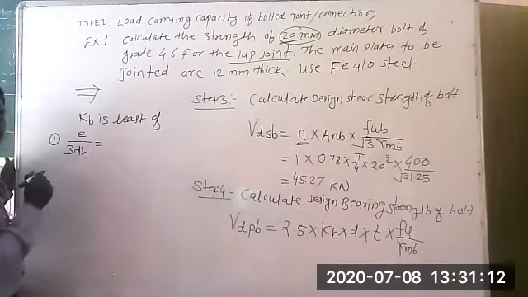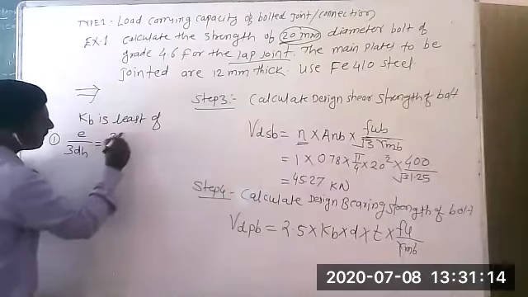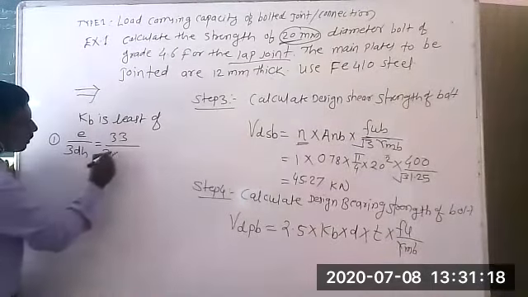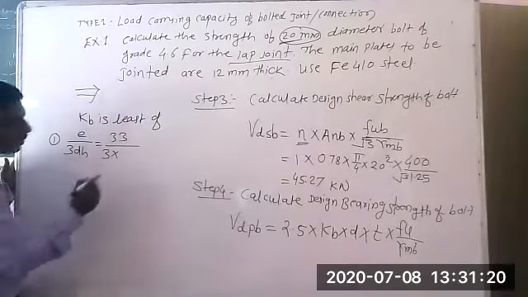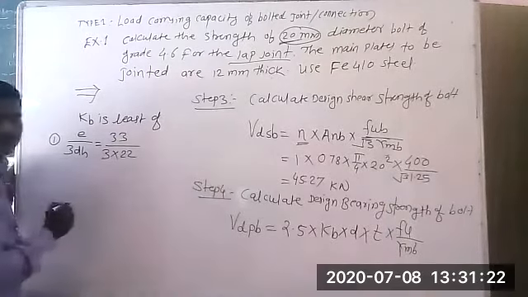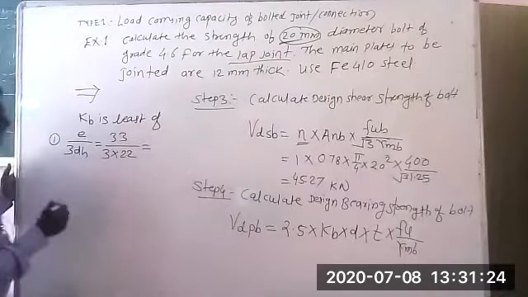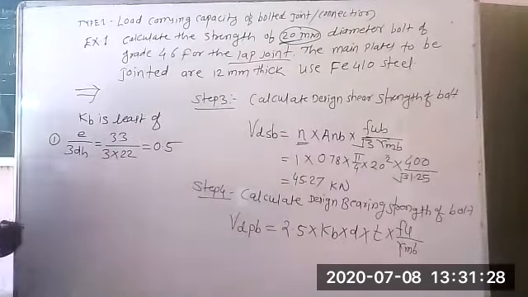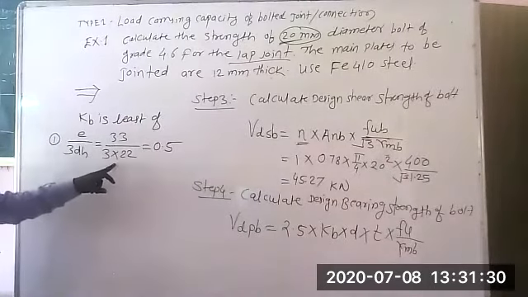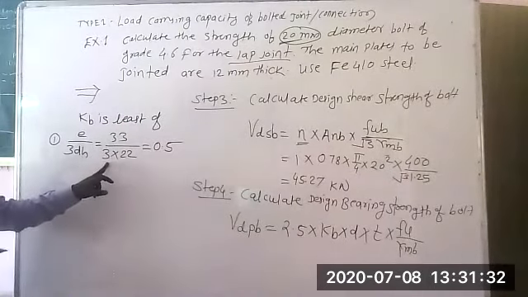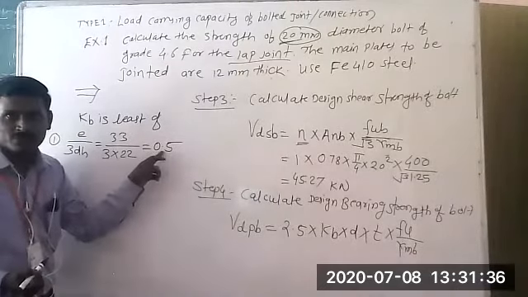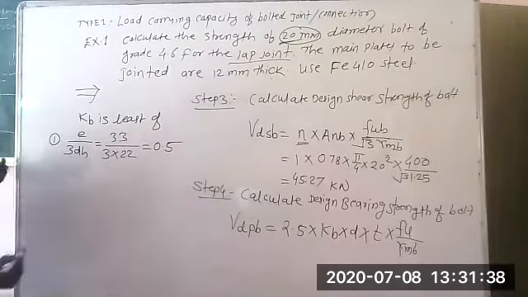So E, the edge distance, we have calculated as 33 mm, divided by 3 into DH, the diameter of the bolt hole, 22 mm. So this value is 0.5, correct? 33 divided by 66, 22 into 3 is 66. So 33 divided by 66 is nothing but 0.5.